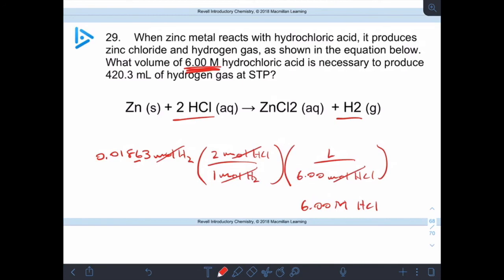So let me double check our answer, divided by 6. So we should end up with 0.00621, which is slightly different than what the slides say, but pretty darn close. Close enough for comfort.